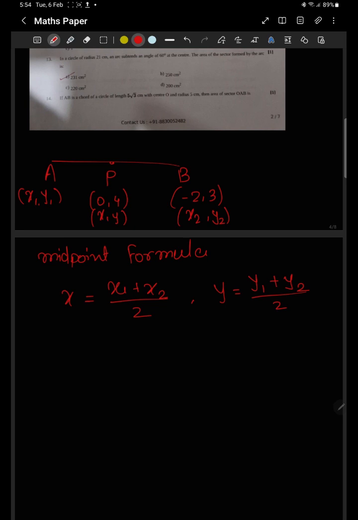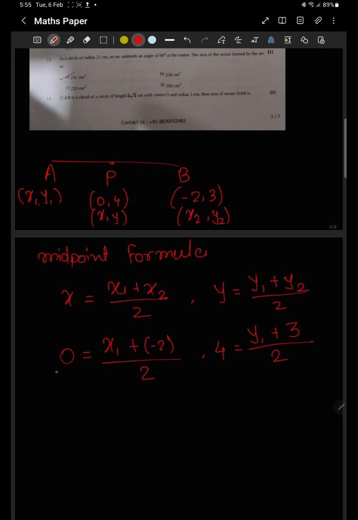So we already know P is the midpoint where x is 0. x1 we have to find out, and x2 we have minus 2, upon 2, comma, y is already 4 is equal to y1, which is the coordinate of A, plus y2, which is 3, upon 2.